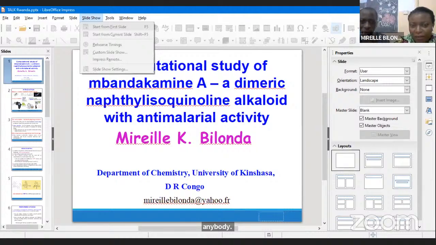So you can click through the slides, yeah? You can press F5. Yes, F5, I did. But it doesn't work. It's not highlighted. So let's start with escape.